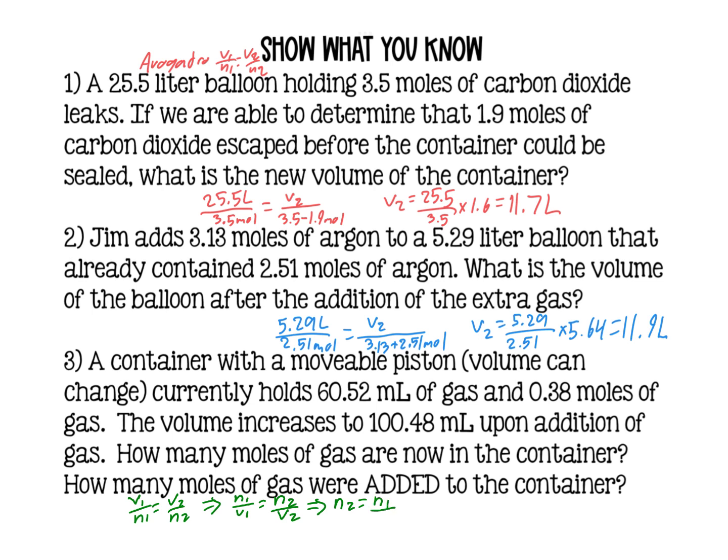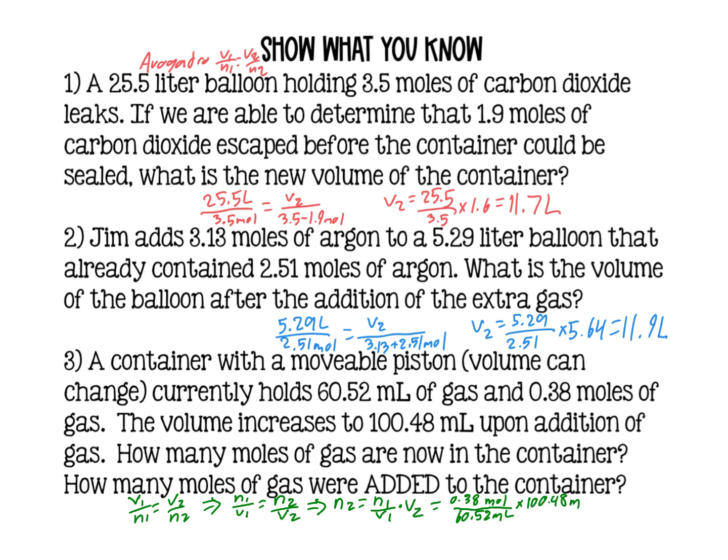Let's flip both the fractions over in order to get the number of moles on top, and then we can multiply both sides by the final volume, and we get the final number of moles is equal to the initial number of moles divided by the initial volume times the final volume. Let's plug in what we know. Our initial volume was 60.52 milliliters, our initial number of moles was 0.38 moles, and our final volume is 100.48 milliliters.